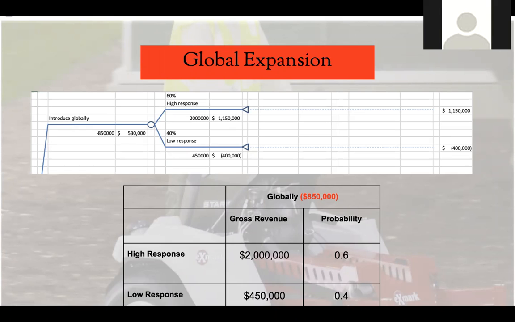With a high response, gross revenues of $2 million are expected, and with a low response, the gross revenues will be $450,000. Also on this slide, we have included the decision tree that we created for a better visual of these events.